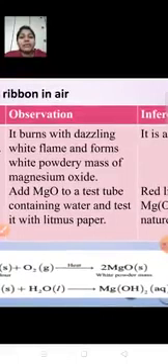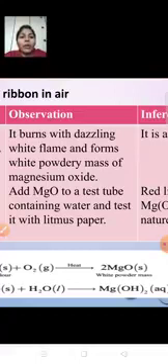The ribbon starts burning with a white and bright flame. And then as the magnesium ribbon burns, it turns into a white color powder. So when we burn magnesium ribbon, it will burn with a white color flame and it will leave behind a white powdery mass or ash.